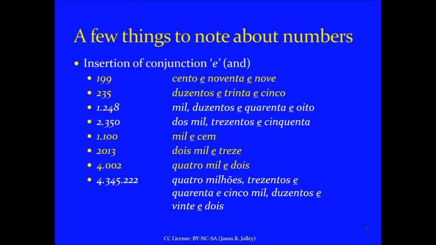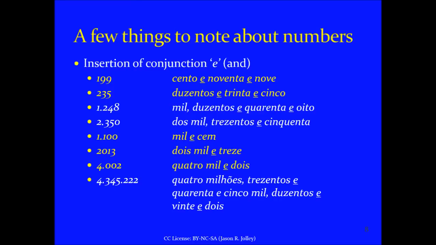Now, you don't insert it immediately after thousands, millions, or billions. So we would say 1,248 or 2,350. We're not inserting the E right after thousands, millions, or billions, unless, when dealing with thousands, what follows is an even hundreds unit or more than one zero.